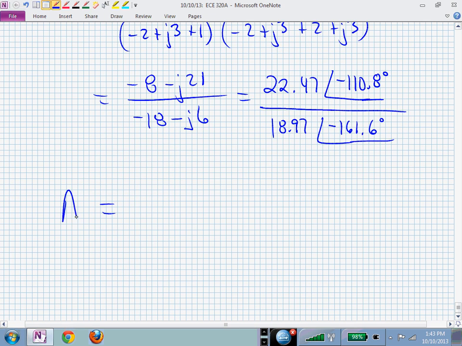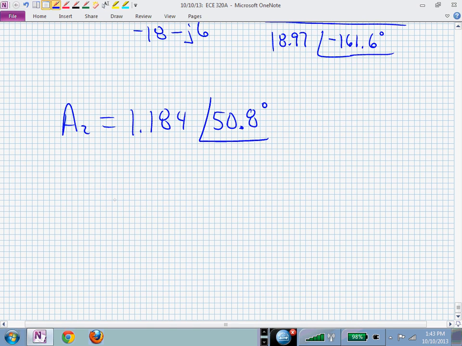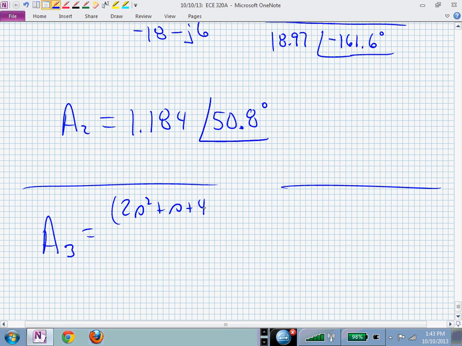And I end up with, for my a sub 2 coefficient, 1.184 at an angle of positive 50.8 degrees. Now I solve for a sub 3. That's 2s squared plus s plus 4 over s plus 1 times s plus 2 minus j3, all evaluated at s equal minus 2 minus j3.